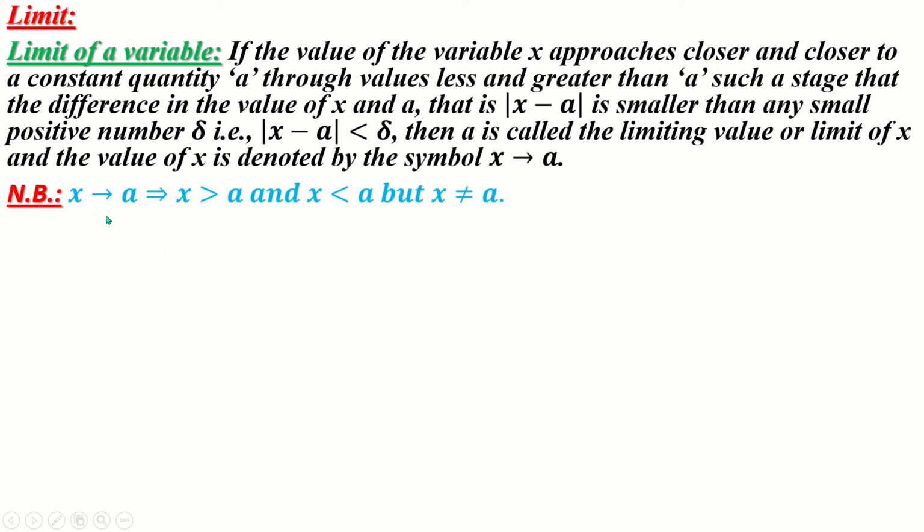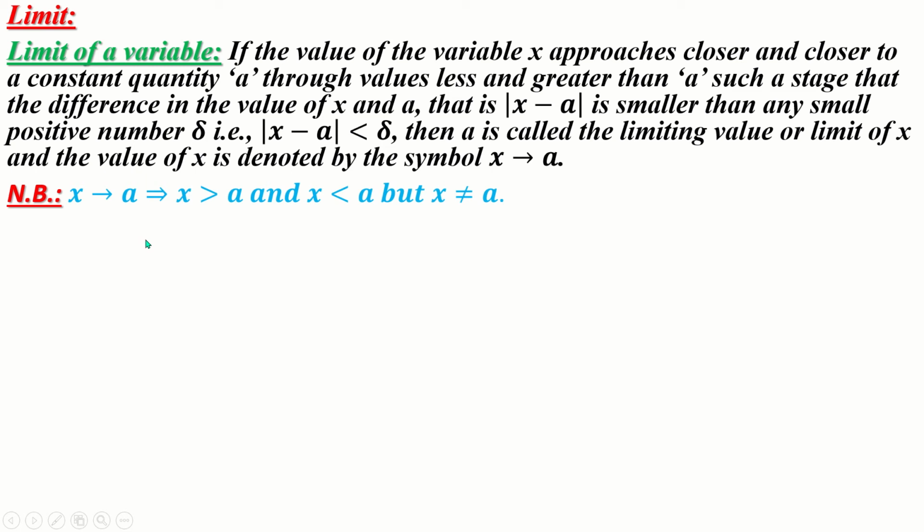For example, x tends to 1 means the value of x is nearer to 1 but not 1. Nearer to 1 means 0.99999 or 1.0001, but not 1. Clear? This is a limit. Limit means nearest value or nearer value, either greater or less, but not approximate value, not accurate value of this.